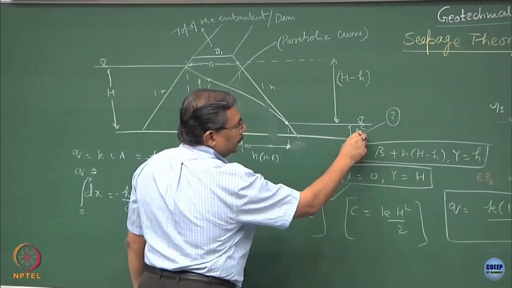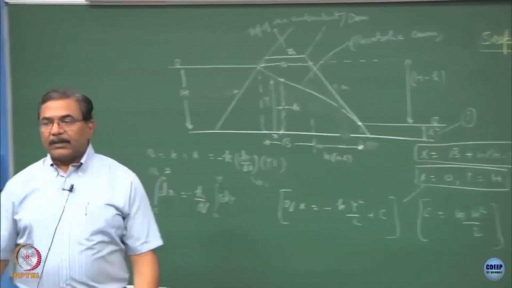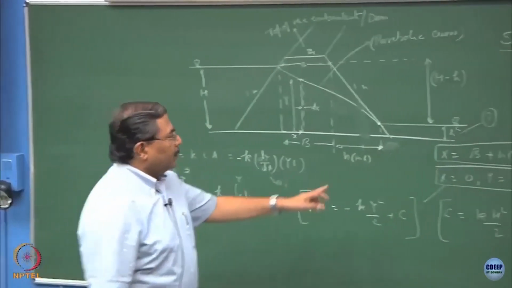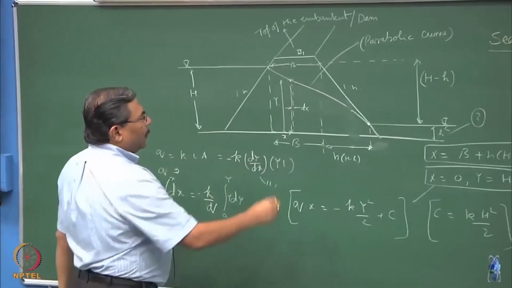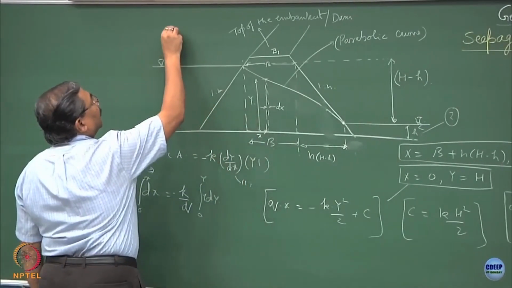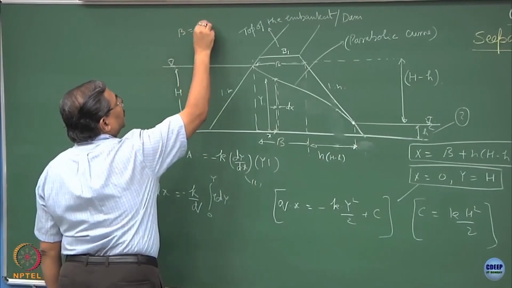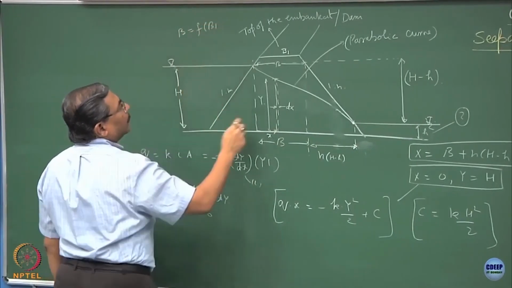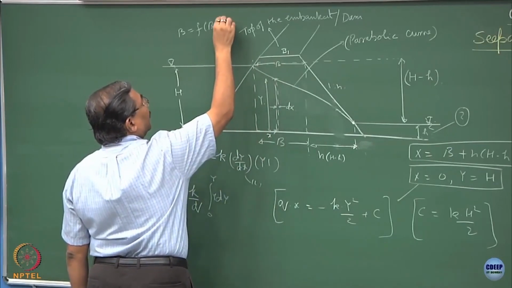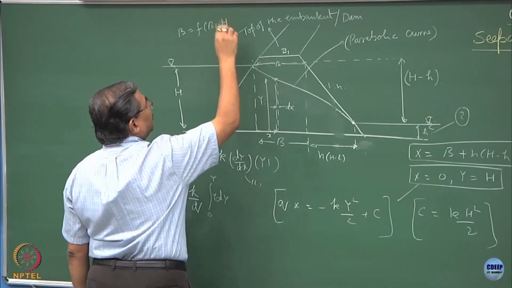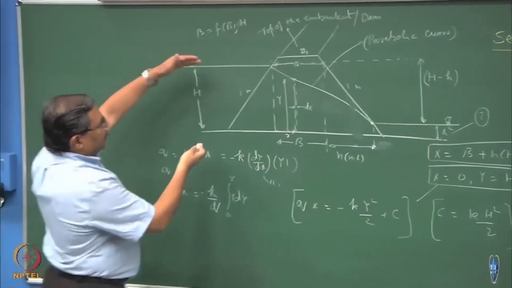Tail height is h and we want to see what is the maximum height of the tail water which is going to come for this system. B, in fact, is a function of B1 comma h, because design height has to be fixed.